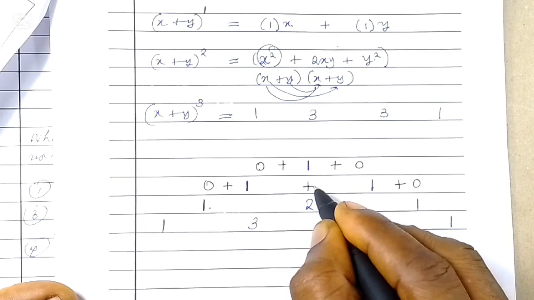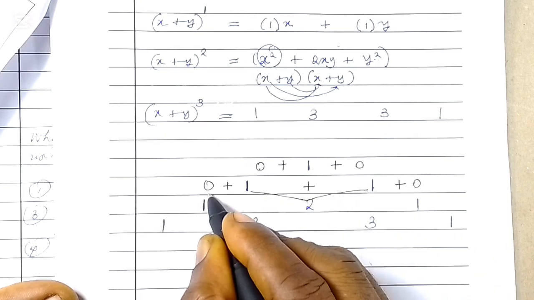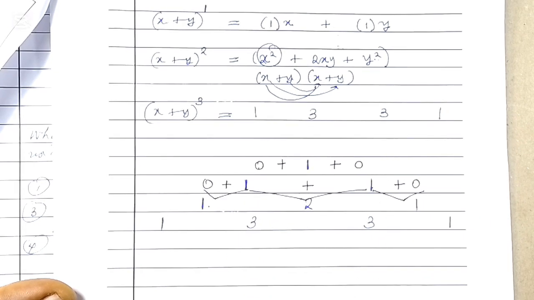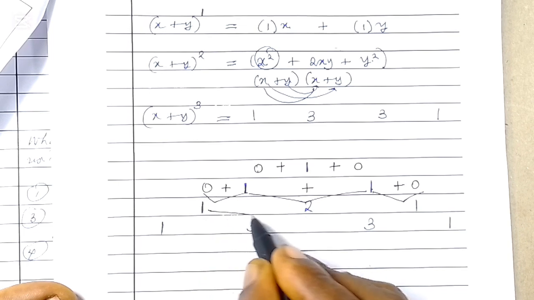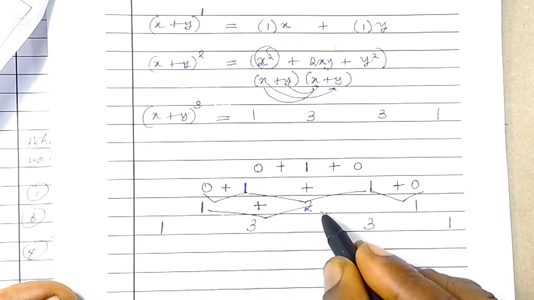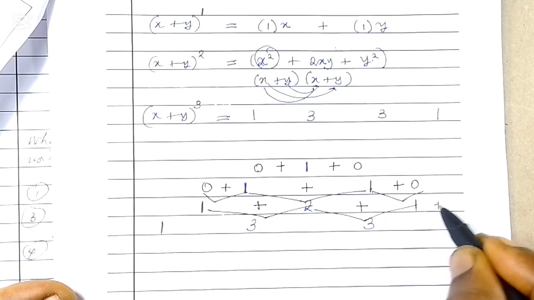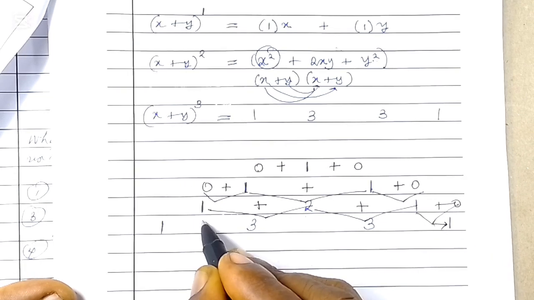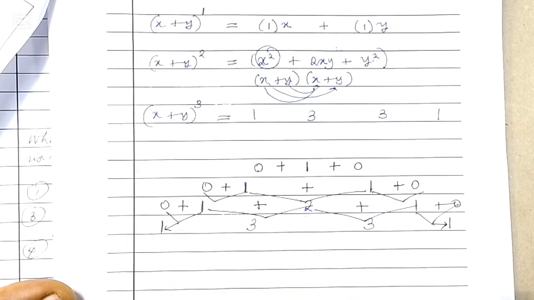And if I put a plus here, 1 plus 1 gives this 2. Okay? So, you could start seeing a pattern. For me to get 3, 1 plus 2 gives 3, 2 plus 1 gives 3. And if you put an imaginary 0 here, of course, this gives 1. And if you do that here, of course, this gives 1.